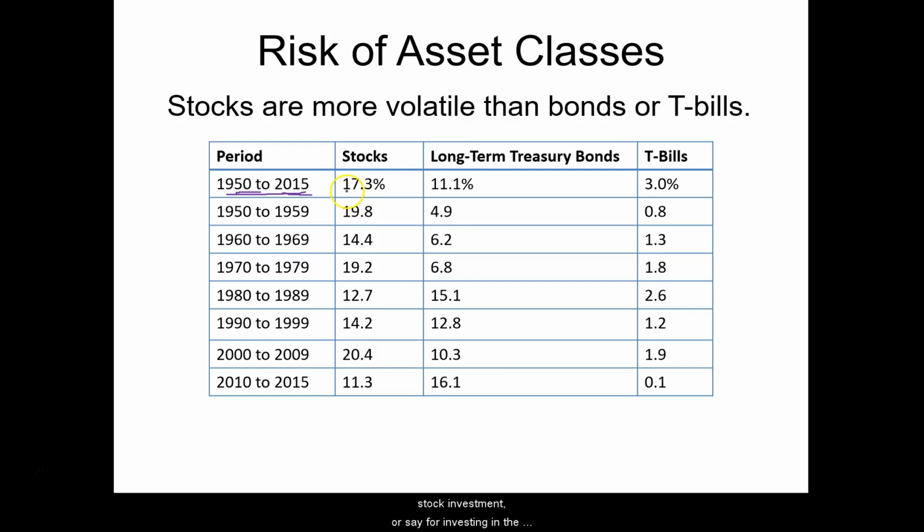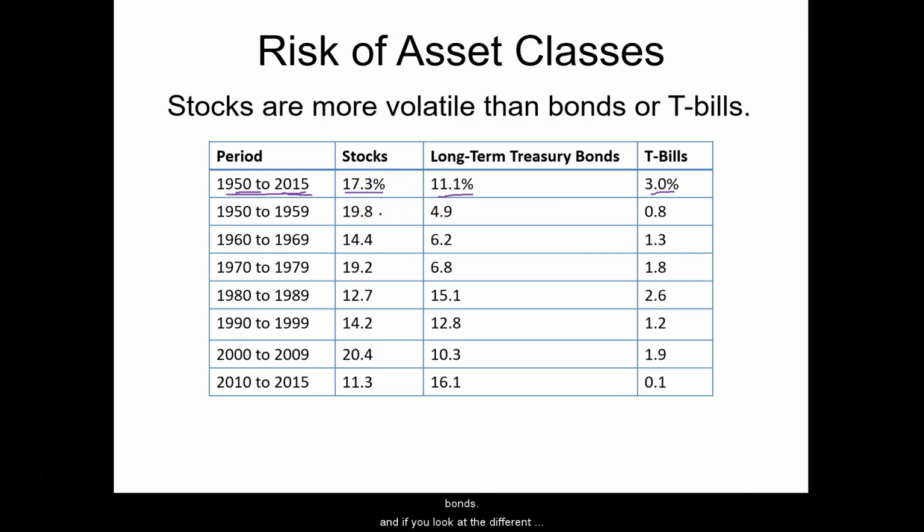The standard deviation for investing in the stock market is about 17.3%, which is much higher than the standard deviation of the returns from the long-term treasury bond investments. And if you look at the T-bill, the standard deviation is very low. It's only 3%, much lower than the standard deviation from the stocks or from the long-term treasury bonds.